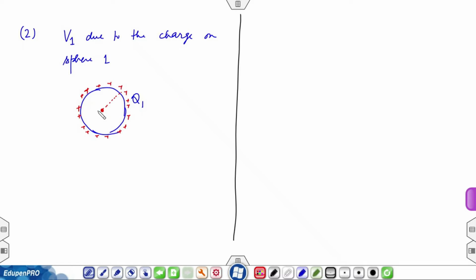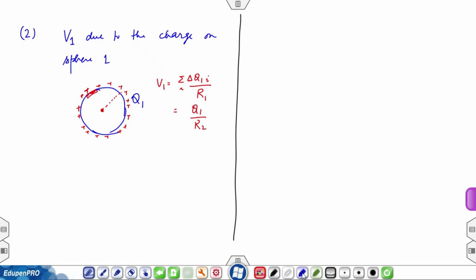The potential at the center V1 would be, suppose I take a small portion here which has some charge delta Q1 in the ith portion, divided by the radius, which is the same R1, and I sum over i. So, this will come out to be Q1 over R1.